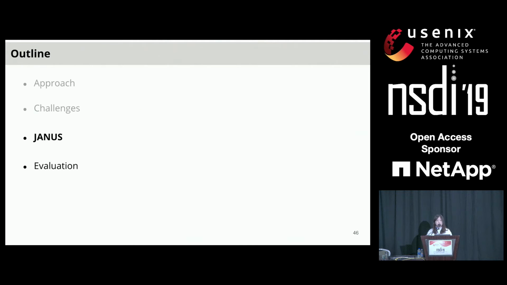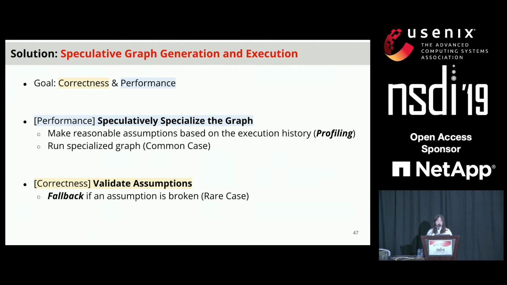Now, I'd like to show you how JANUS solves this problem. To achieve correctness and performance at the same time, we use a speculative graph generation and execution approach. Even though it is impossible to statically determine the program characteristics, we can make reasonable assumptions about program behavior based on the execution history.